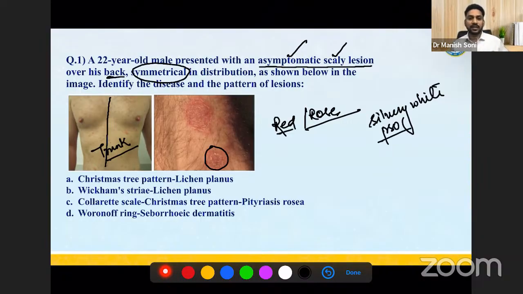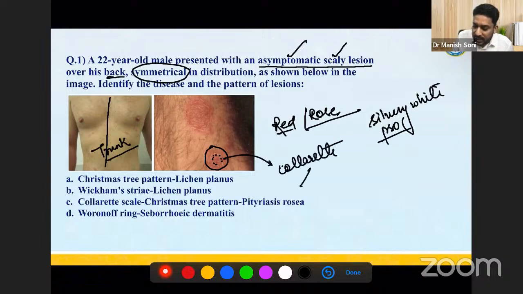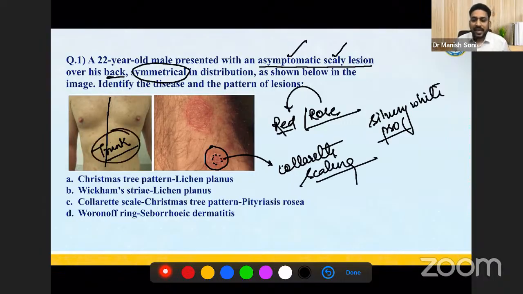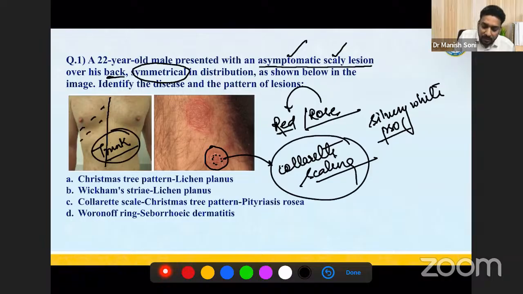But here the front of the trunk is shown and the scaling is at the periphery, looking like a collar. So this is collarette scaling. Rose-like red lesions, the trunk is the most common site, collar-like scaling, and symmetrical lesions giving a fir tree-like appearance on both sides.